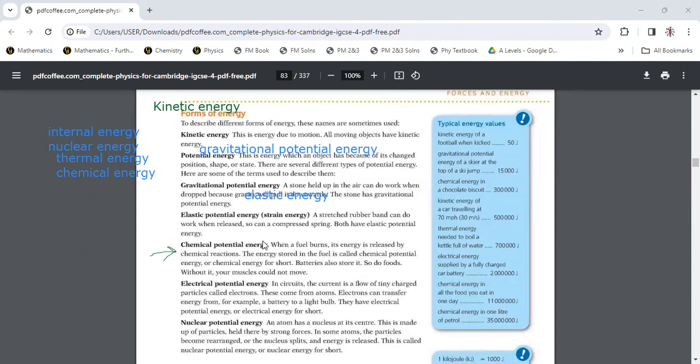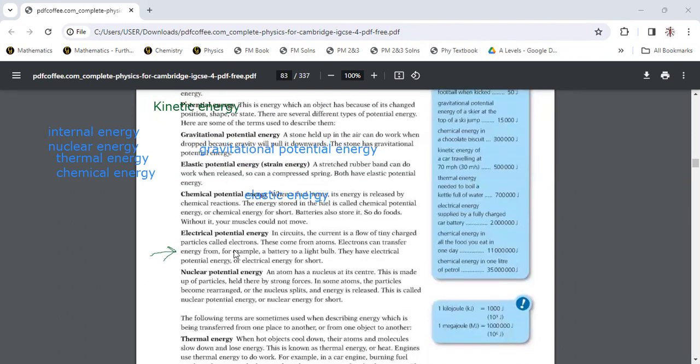Electrical potential energy is much rarer, but nuclear potential energy is more common. In nuclear reactors, they use materials like uranium, where once you split it up, it breaks down into two smaller atoms, sorry, with a release of a lot of energy.